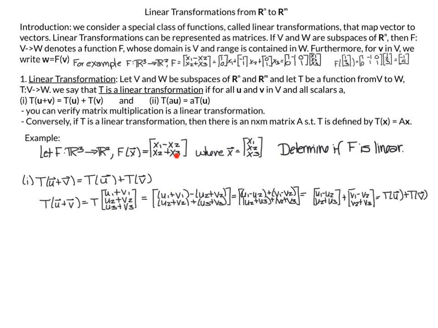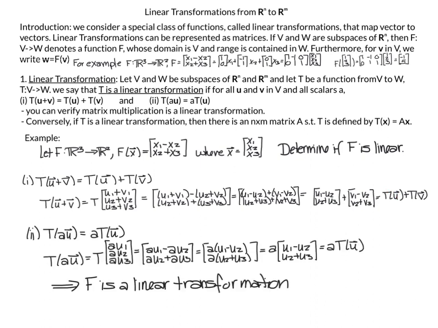And then my second coordinate plus my third coordinate, so u2 plus v2 plus u3 plus v3. And now I can rearrange algebraically, so I can group my u2s together and my v2s together. I can separate them out because this is how vector addition works. So I can separate them out as a u and a v. So this is simply equal to T of u plus T of v.